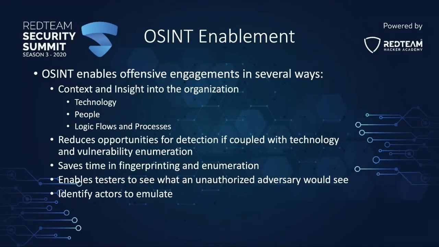But at the same time, taking a very solid OSINT centered approach to pen testing allows us to reduce opportunities for the party that we are working with to detect us.